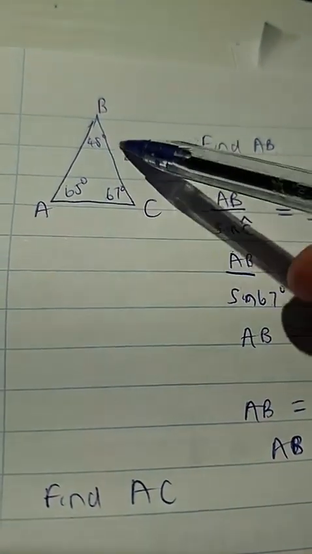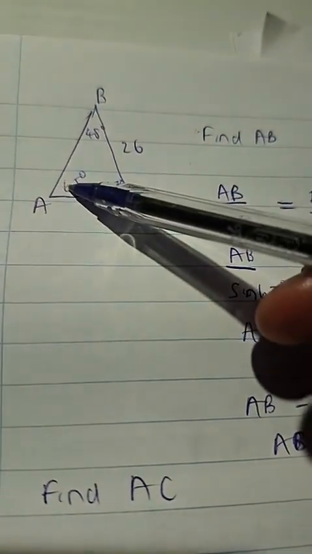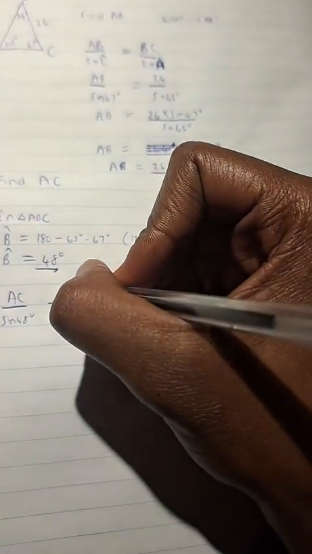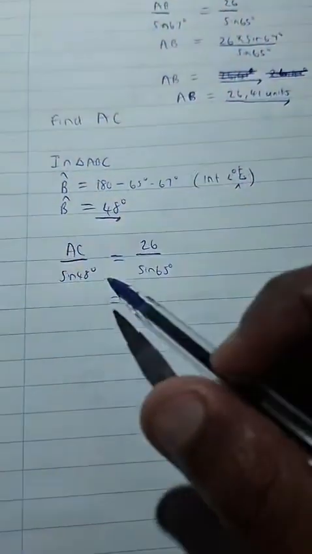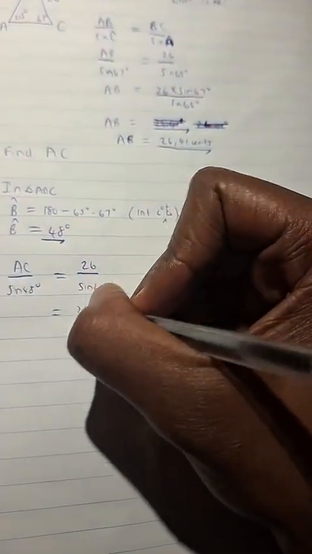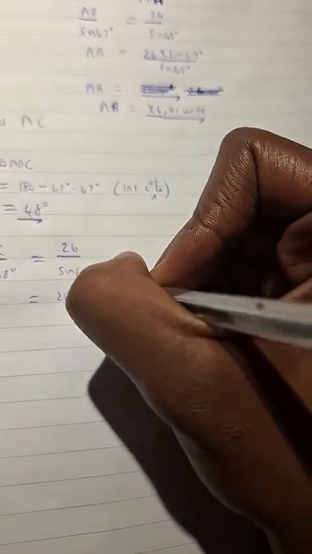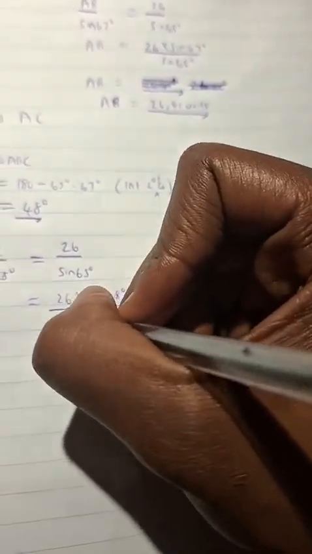So I'm going to use the side 26 with the angle opposite that side. So I'm going to write here 26, which is BC, over sine of angle 65 degrees. Then it's simple, guys. All you do is cross multiply. So 26 times sine of 48 degrees over sine of 65 degrees.